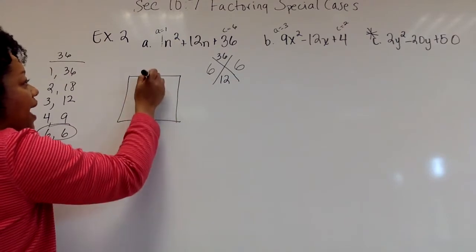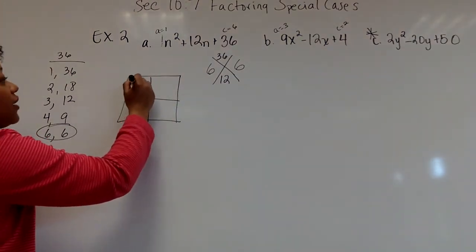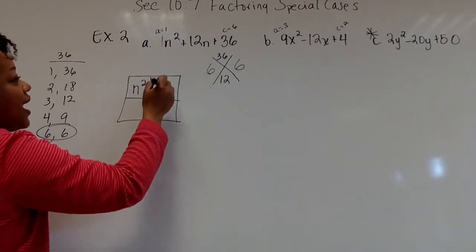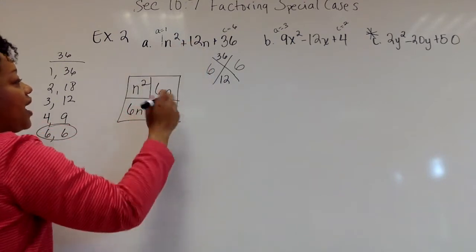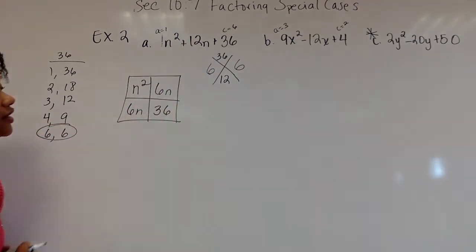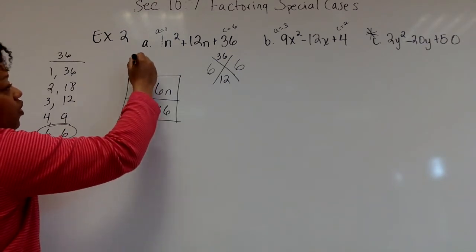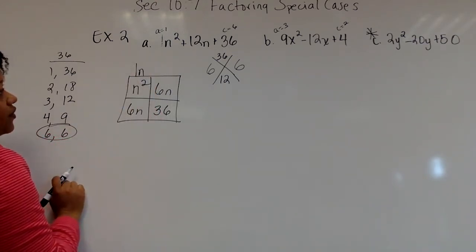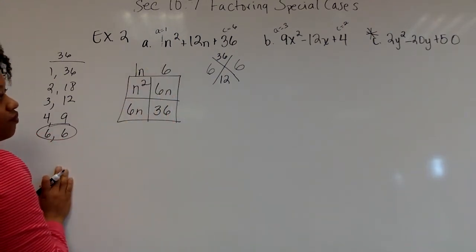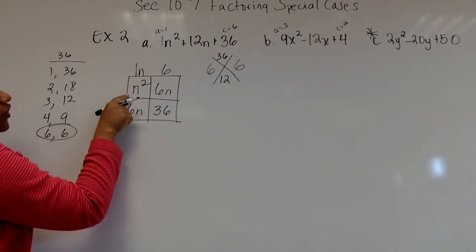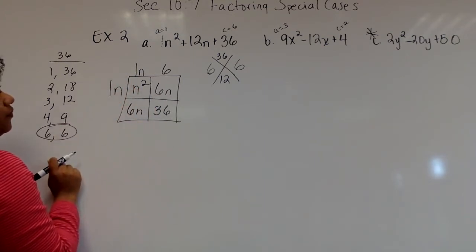Look for the pattern. First box gets the first term. Diagonals get what we just put in the X. Bottom box gets the bottom term. Now we're ready to GCF. My first GCF is 1n. My next GCF is just 6. Now let's go across. My GCF is, again, 1n.